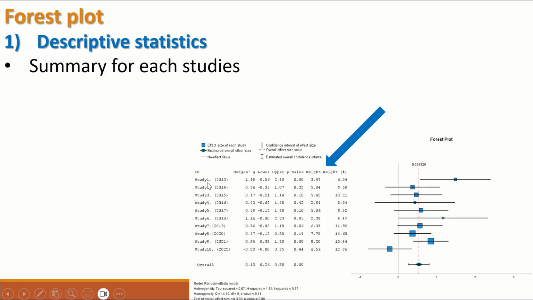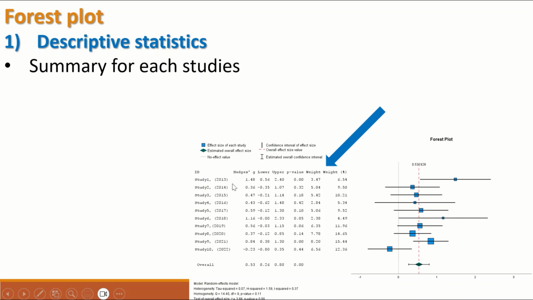There are 10 independent studies combined, and the effect size used is the standardized mean difference, which is the Hedges G. The value is scored here, and the 95% confidence interval is given for the upper and lower limits, and a statistical p-value is generated with a weight and a weight percentage.